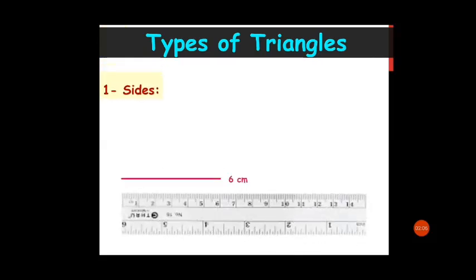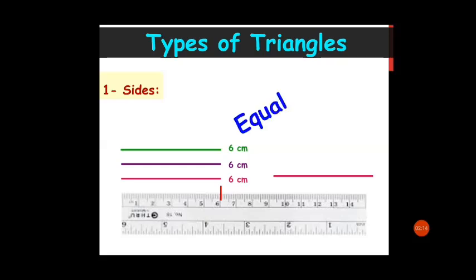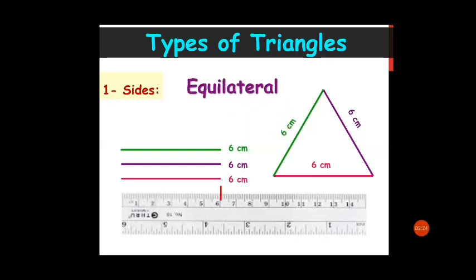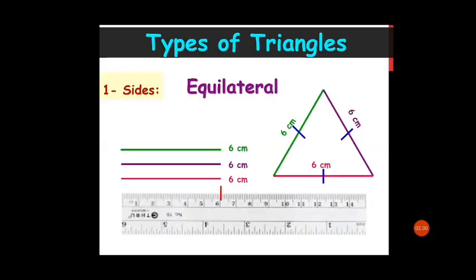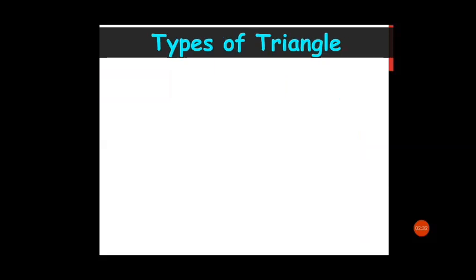If we have three sides that are all equal to each other as follows, and we want to form the triangle from these sides, all sides here are equal. In this case, we say that this triangle is an equilateral triangle, and we put three dashes like this in order to refer that those three sides are all equal.